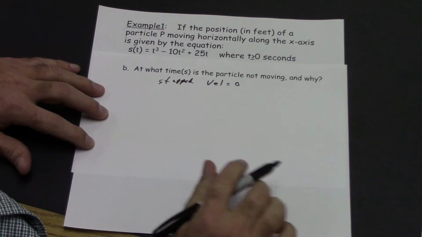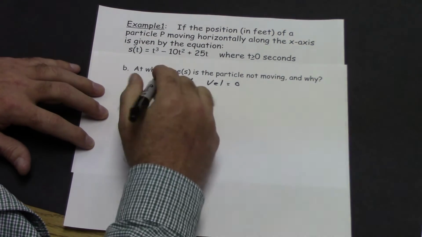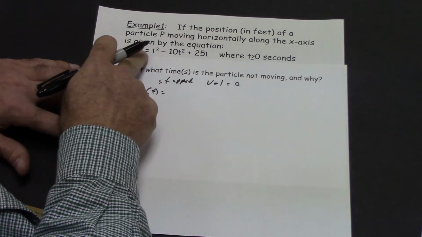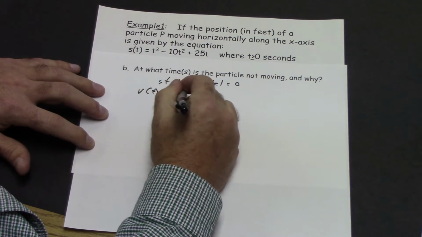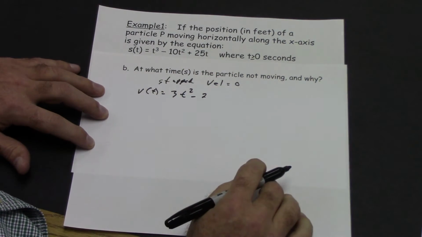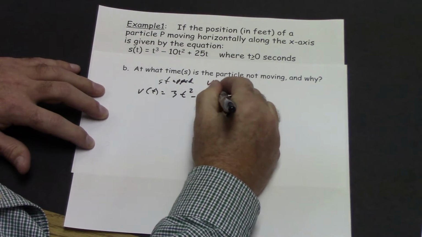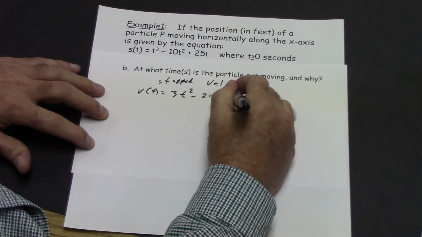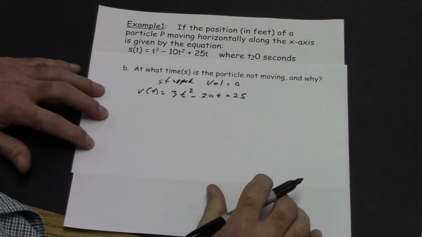Let's find the velocity equation. The velocity, remember, is the first derivative. So v of t will be equal to, taking the derivative of t cubed, 3t squared, minus the derivative of 10t squared, which is 20t, plus the derivative of 25t, which is 25.